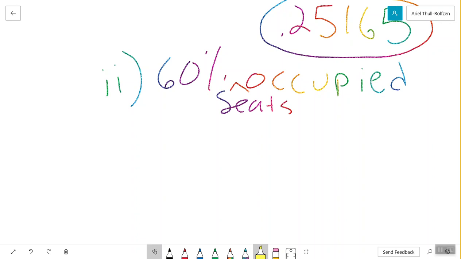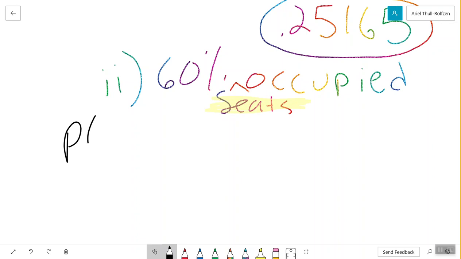One key word in here is that they mention seats. So here, what they're concerned about are how many seats are going to be occupied by people. I know some people are going to think that the probability is going to be 0.6 here, and we're going to switch that out. We are actually going to keep the probability at 0.75 because it's still only a 75% chance that people are going to show up for their ride.